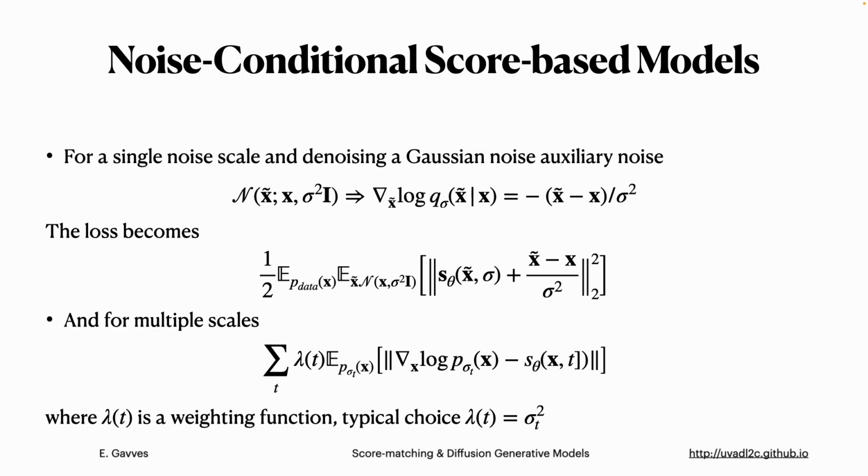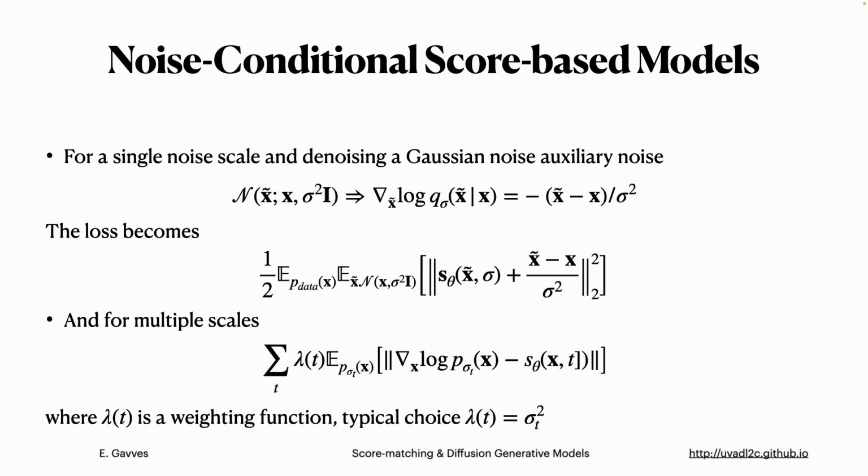So for a single noise scale with Gaussian noise, this is similar to denoising autoencoders, and the loss becomes equivalent to the denoising loss term.